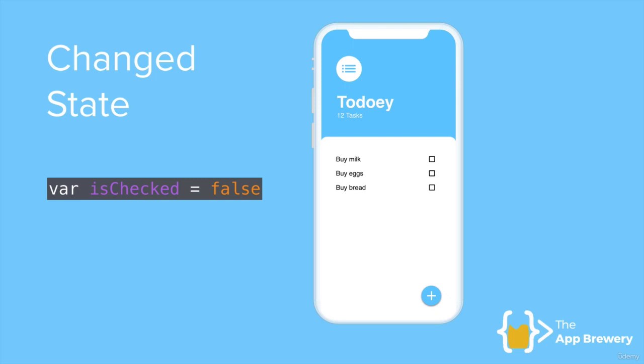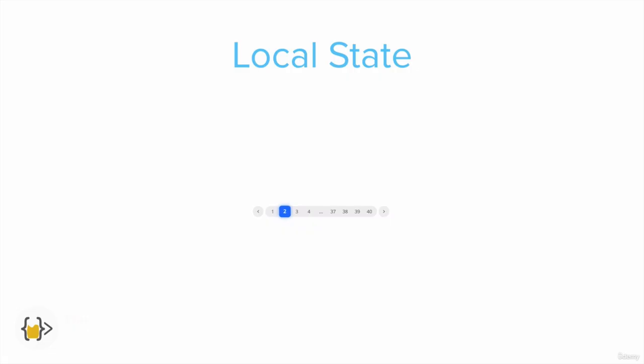If isChecked equals false, then all the checkboxes are empty. But when the user taps on one of the checkboxes and I change that variable's value to true, then it should update the user interface and show us the latest version of our app based on that updated state of the checkbox.